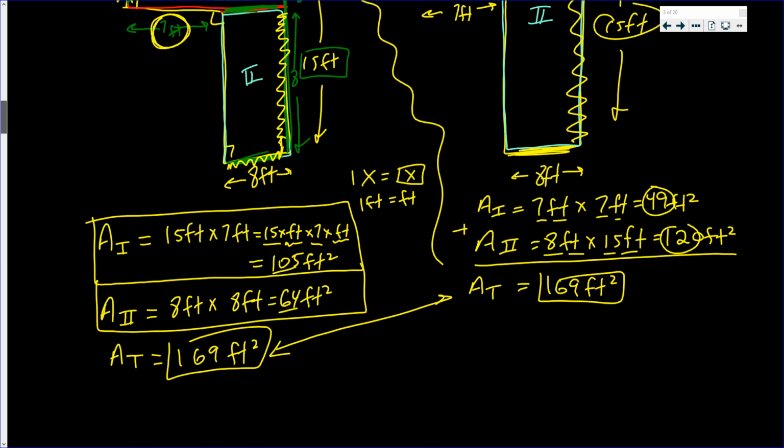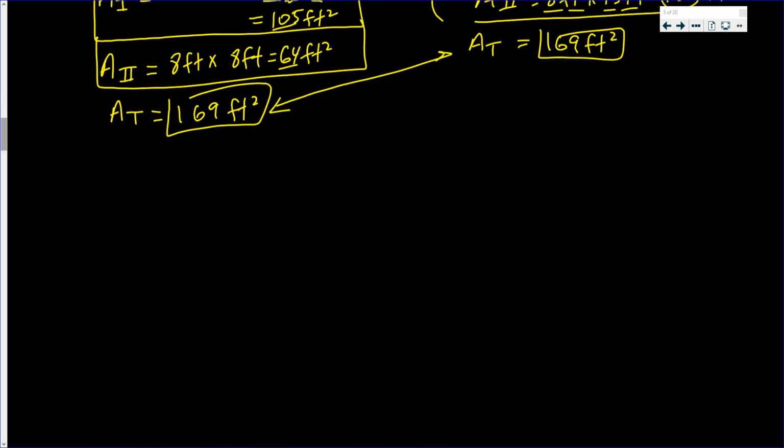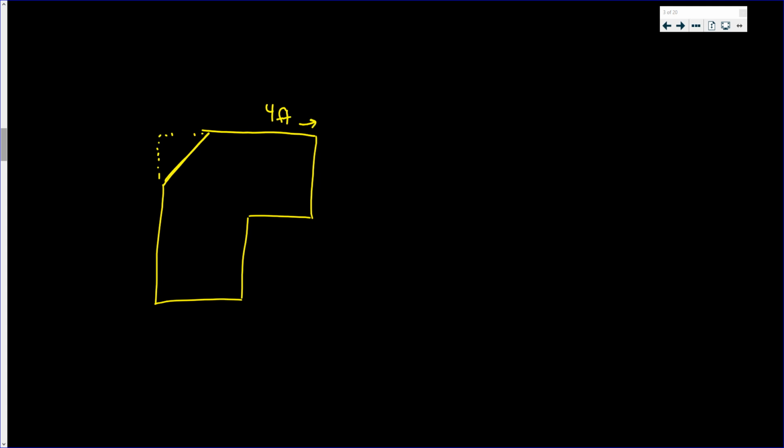Let us do one more. Almost exactly the same picture. We have something that goes like this. It goes up, but we're missing the corner. We're missing that corner. And I tell you that it's 4 feet only up to here.